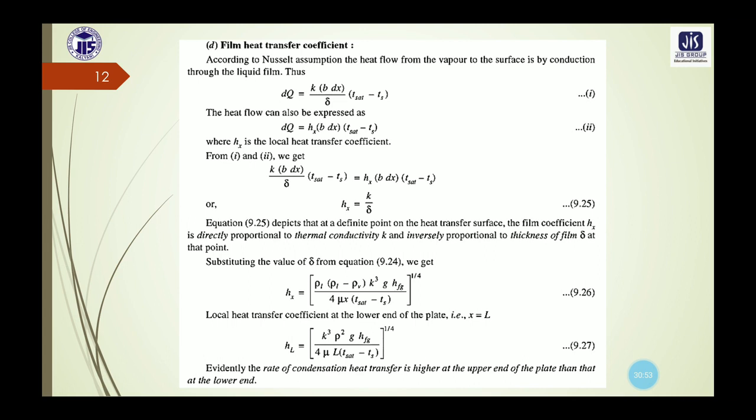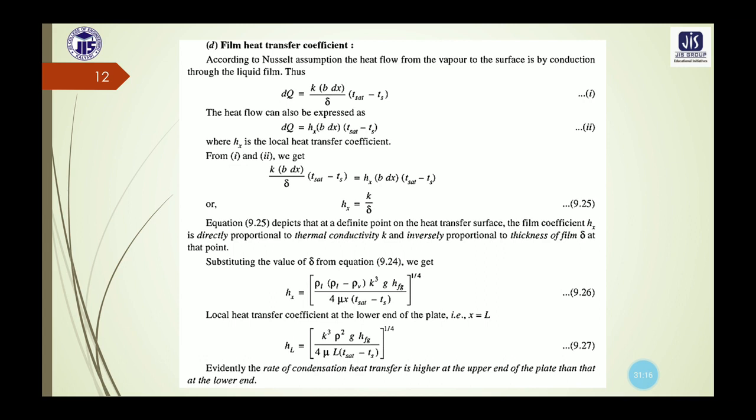Next we need to find the formula of the film heat transfer coefficient. According to Nusselt's assumption, the heat flow from the vapor to the surface is by conduction through the liquid film. So dq equals k b dx by delta into (T saturated minus T surface).